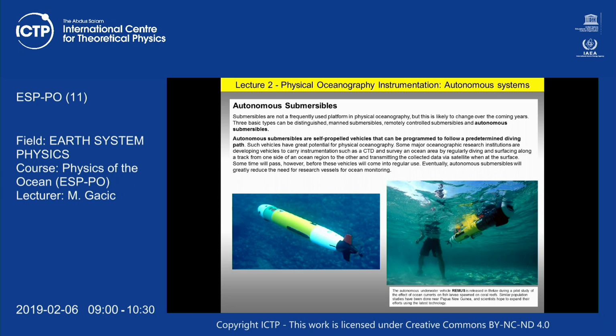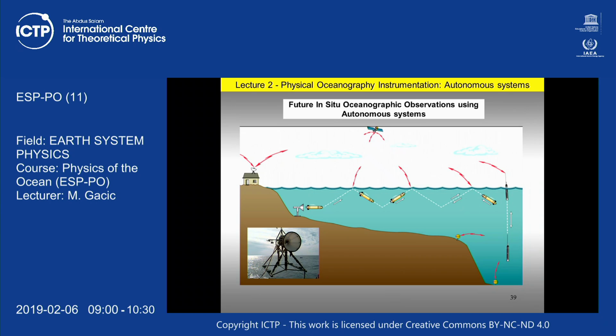Then we have autonomous submersibles. They are self-propelled vehicles that can be programmed to follow a predetermined driving path. So they are another autonomous type of instrument. And here is some future evolution, because oceanography is a continuous evolution.